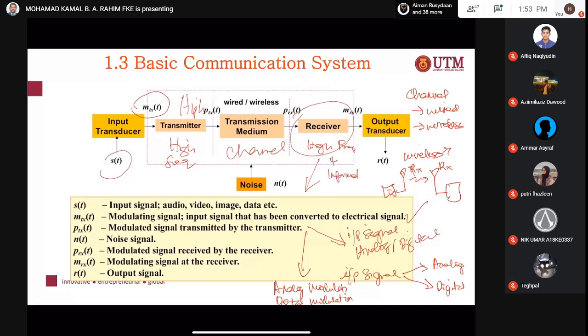So your information is here actually. In order to get back this information, you need to demodulate your signal. That happens here. Once you demodulate the signal, you get back your information, maybe like this. And then you have a speaker, the transducer, which changes this electrical signal to the voice signal that you transmitted before. So that is the output.